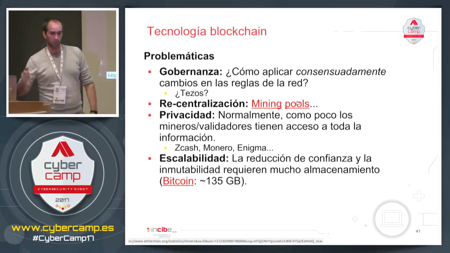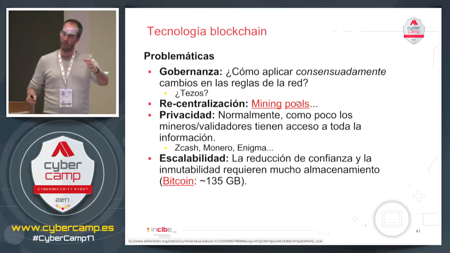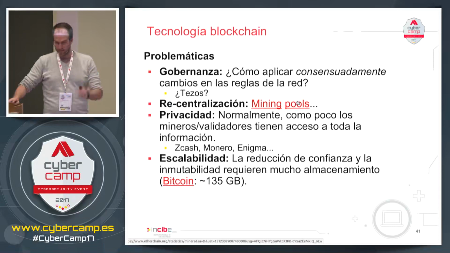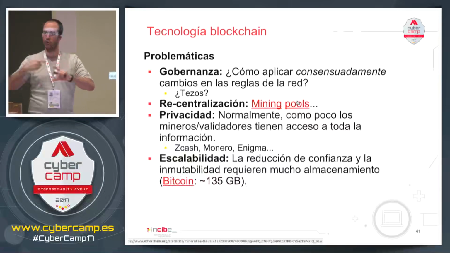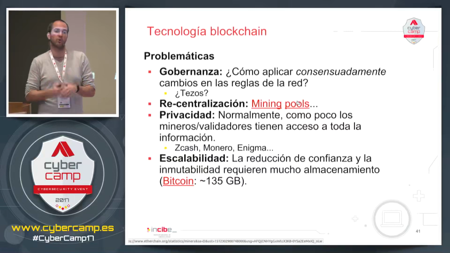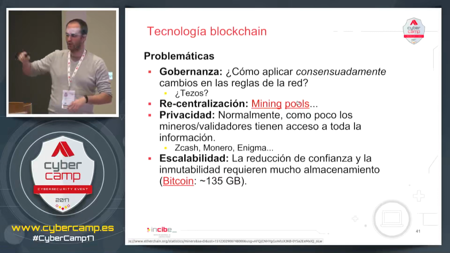Privacy. All that we write in Bitcoin and in traditional blockchain can be seen by everyone. People say, well, there's no associated names, only public keys, but we have to be careful when generating the public keys and how we use them. For all my transactions, I use the same public key.